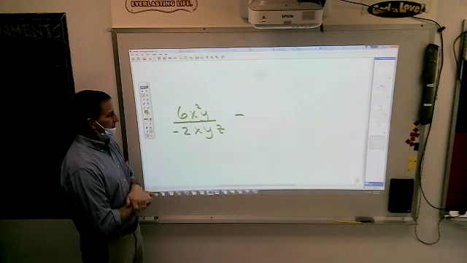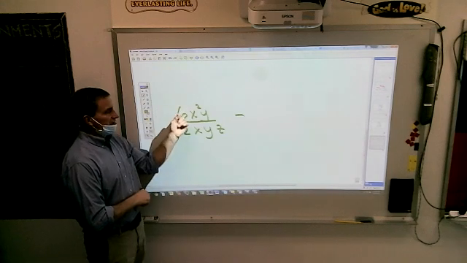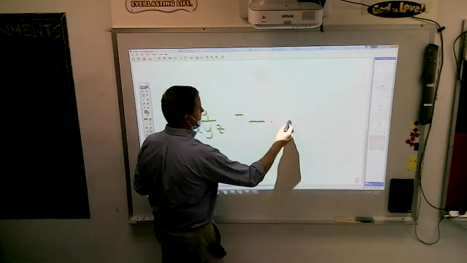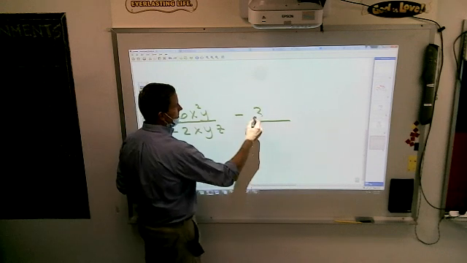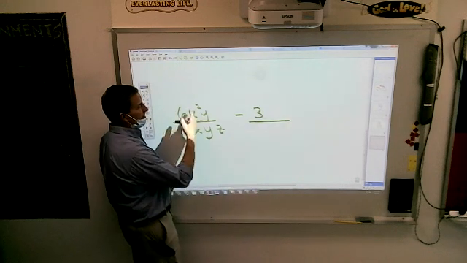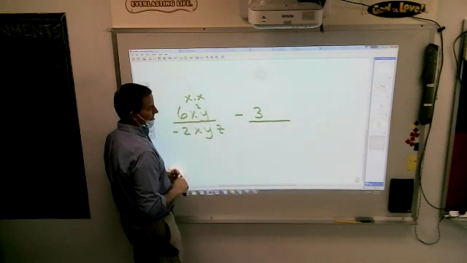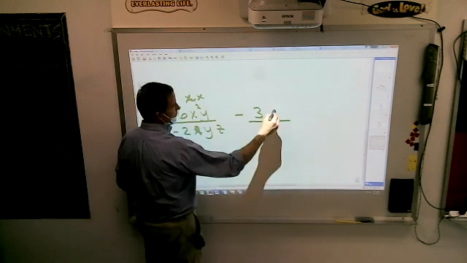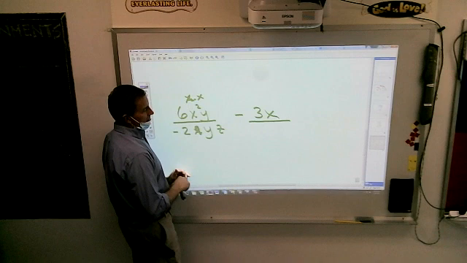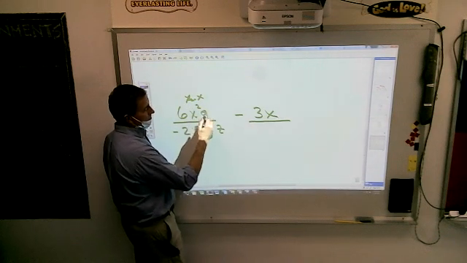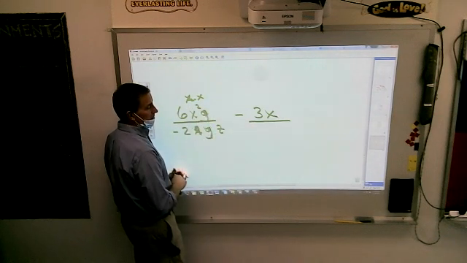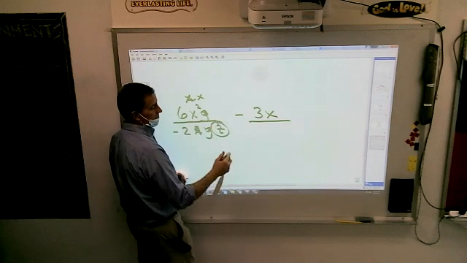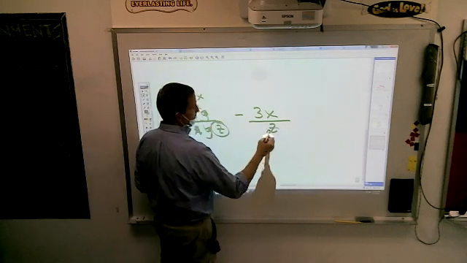And then what's going to happen here? 2 goes into 6, what? 3 times. I have 1 x on bottom and 2 x's on top, so one of the x's will cross off with one of the 2 x's on top, so you're still left with an x. This y will cross off with this y, so there's no y there. And then you have a z that doesn't cross off with anything on the bottom.